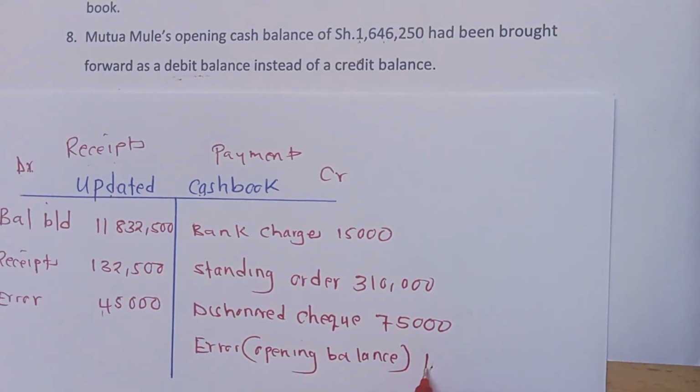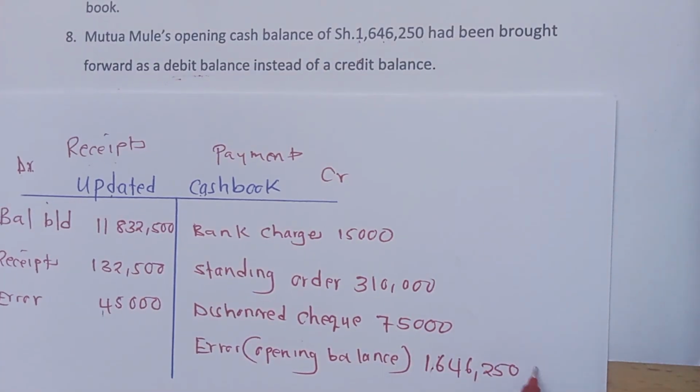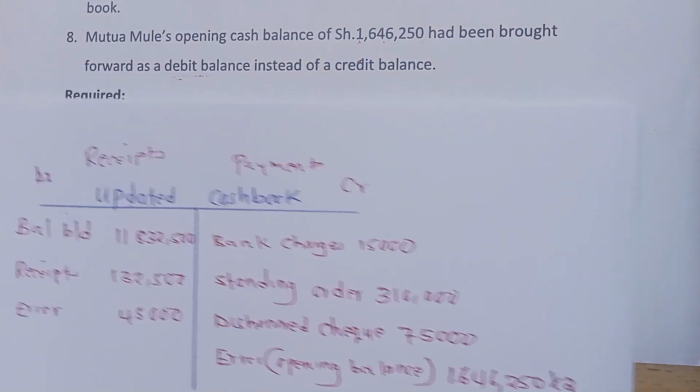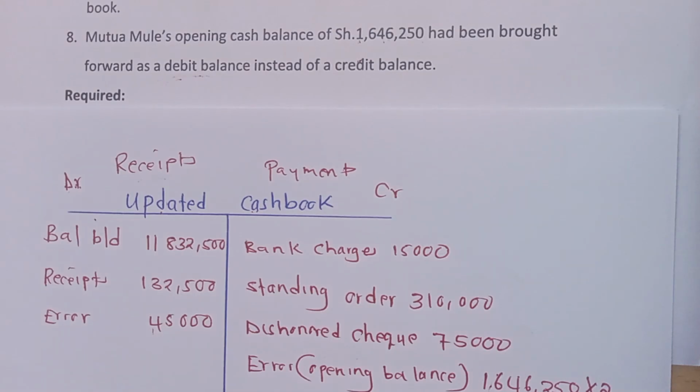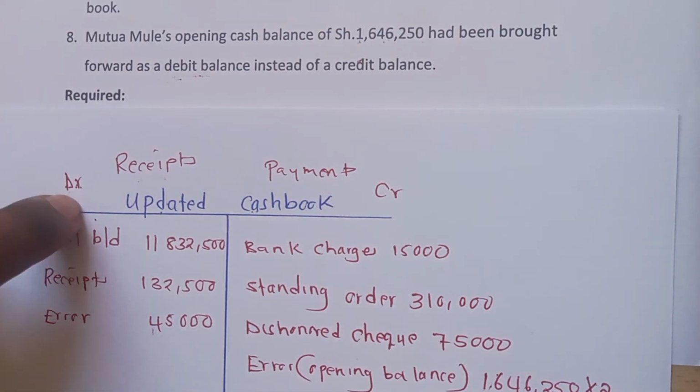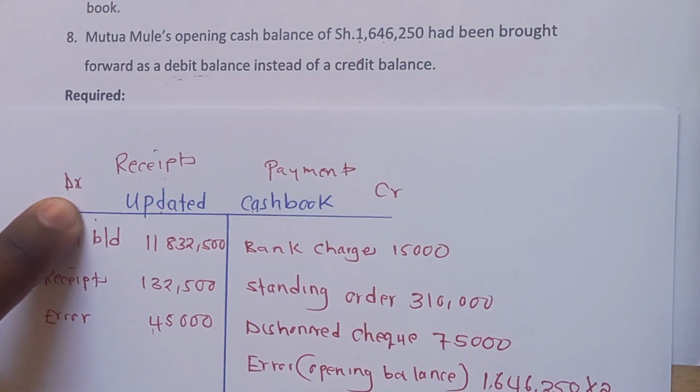We record 1,646,250, but you need to multiply by 2, because immediately we record this amount, it is going to cancel the amount that was entered on the wrong side, that is the debit side, but will not reflect the amount on the side where it was supposed to be captured.